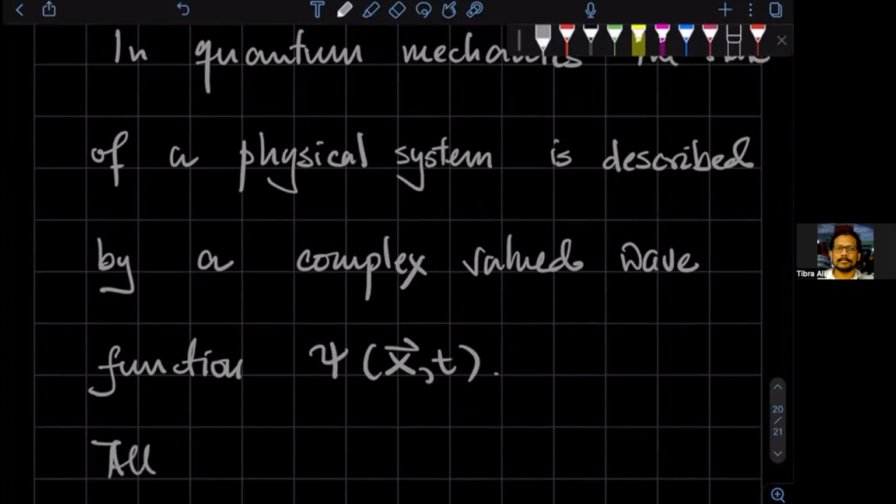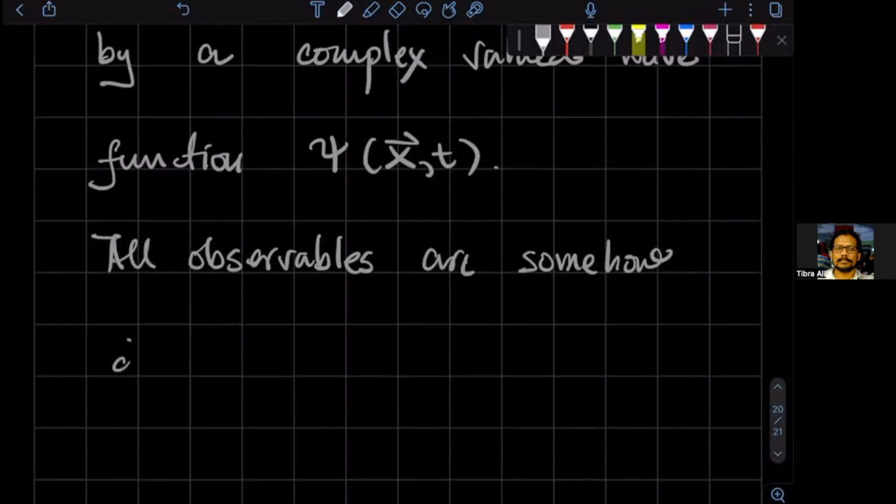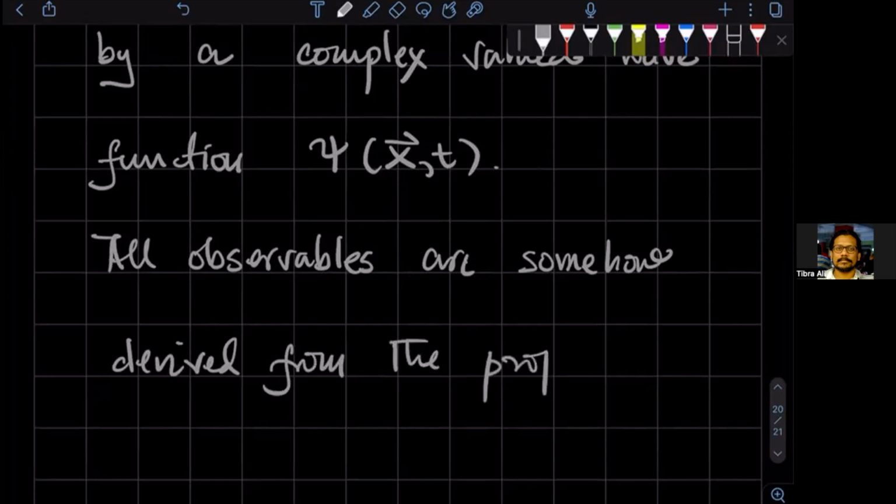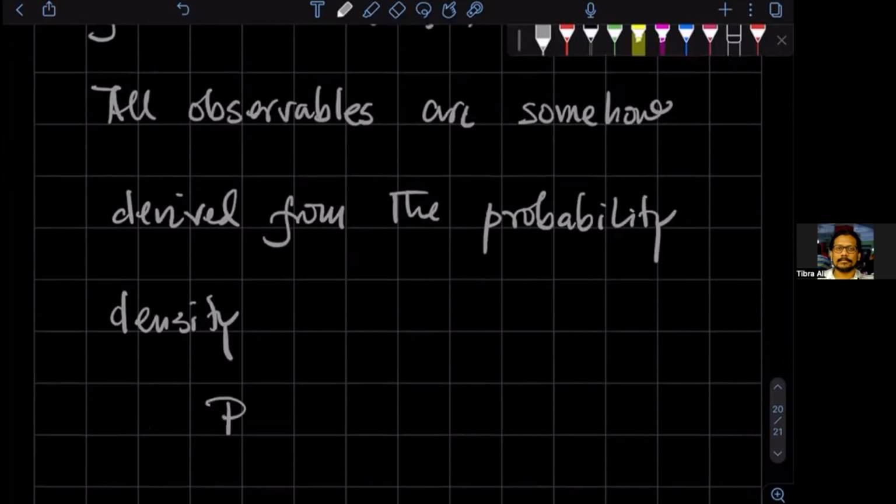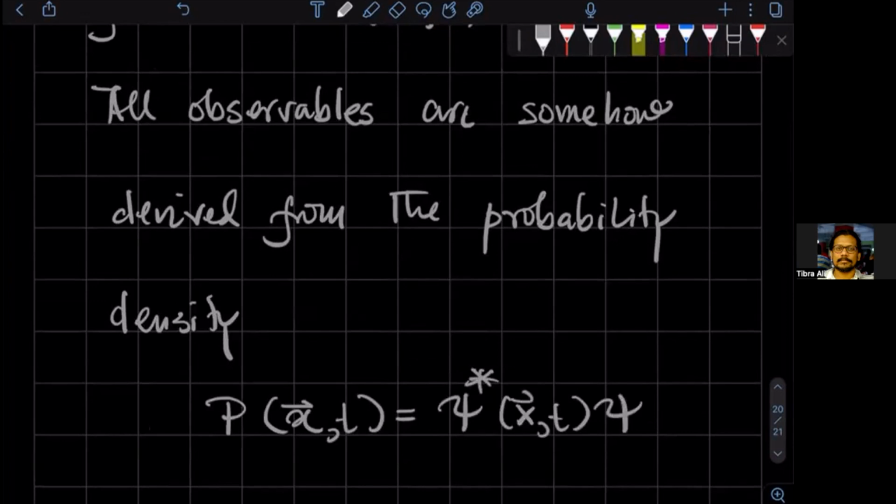So all observables are somehow derived from the probability density P, which is psi star psi.